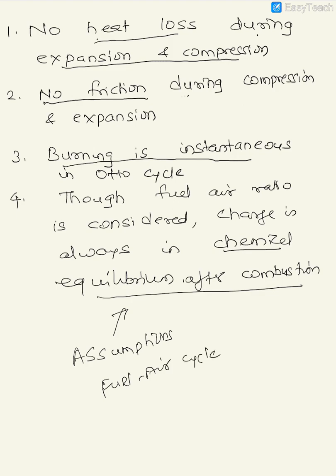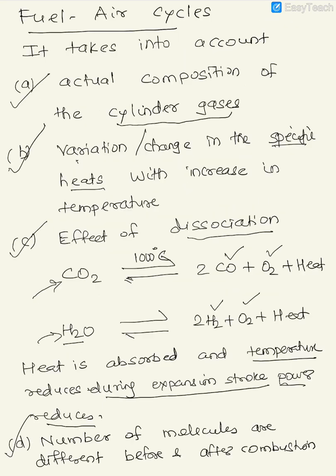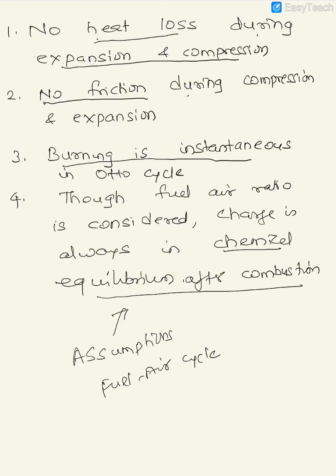However, the fuel air cycle analysis actually does consider many of the actual things, not all, but many of the actual things, like the actual composition, the actual variation in the specific heat, the phenomenon of dissociation, and the change in number of molecules. So this analysis gives us a better result than the air standard cycle analysis.